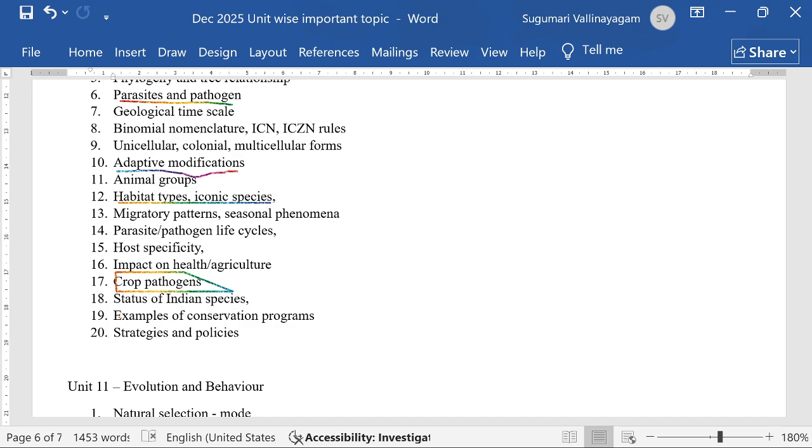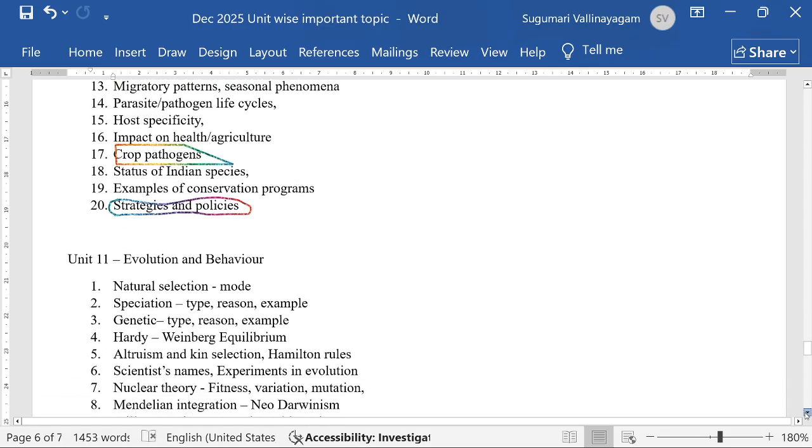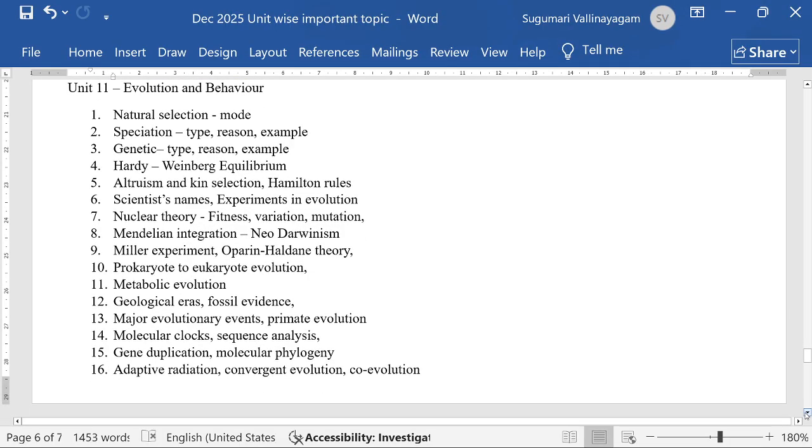Next, strategy and policies in ecological systems. And the next topic is evolution and behavior, the final topic we are focusing on, after which we have applied biology. Here, natural selection and speciation are very important, and the Hardy-Weinberg equation is also very important.